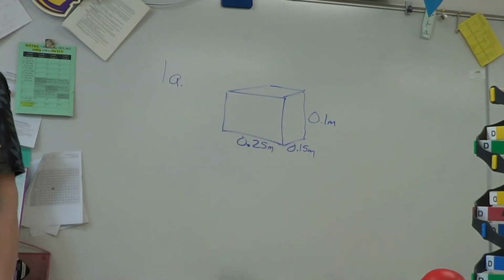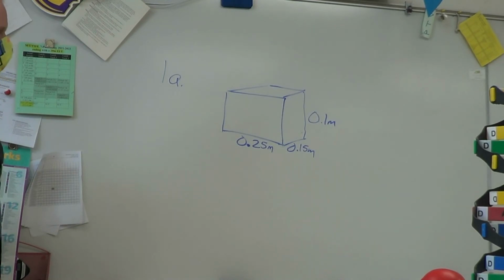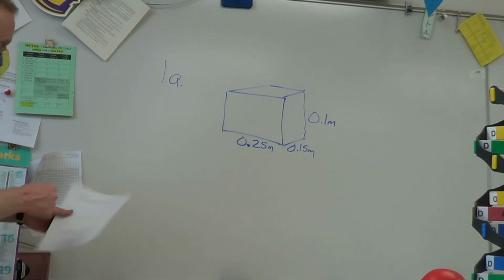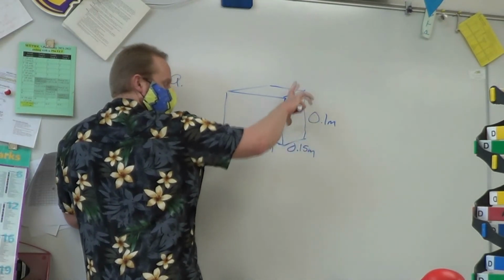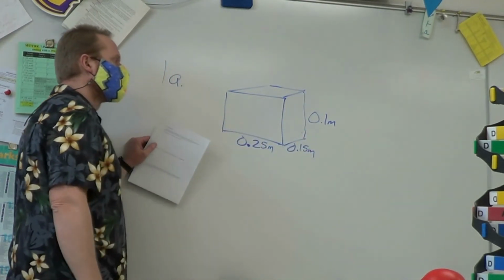I really don't care about where the 0.25 and the 0.15 go. Those two are the length times the width. My height needs to be the height though. That does matter. This happens to be my smallest number, but in my picture it's the biggest, but whatever.